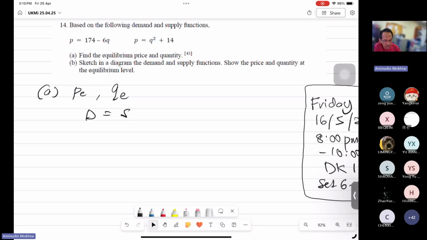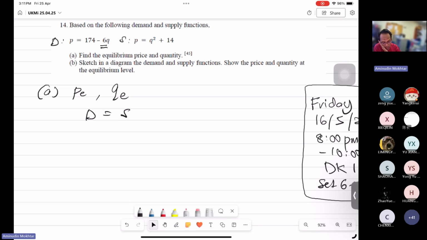So given the equation P equal to 174 minus 6Q, this is demand, D, because the slope is negative. And the next one is S, the supply function. Since there are only two functions given in the question, one of them is demand and the rest is supply.